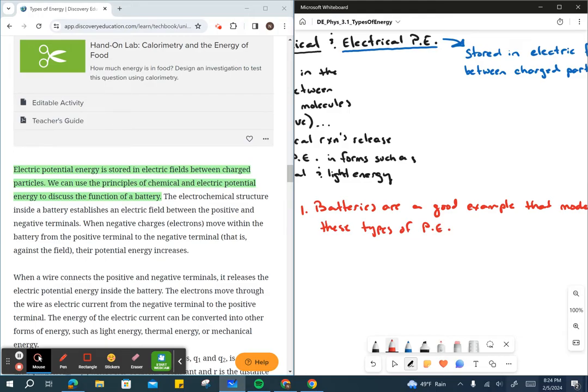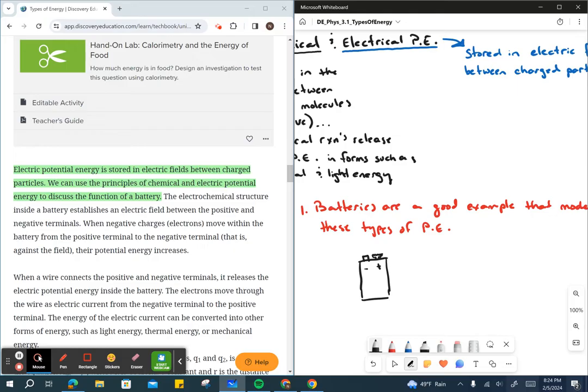So what I would probably suggest here is you take a little bit of time to read this. But you can have a battery, right? And you can have a positive and a negative terminal.